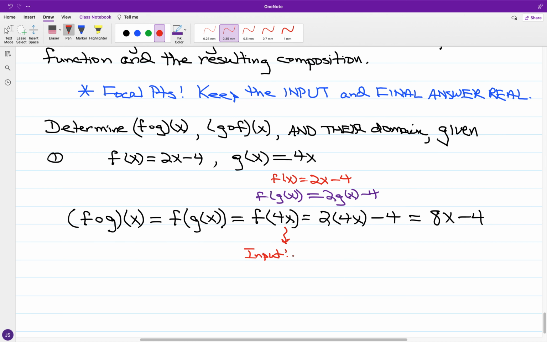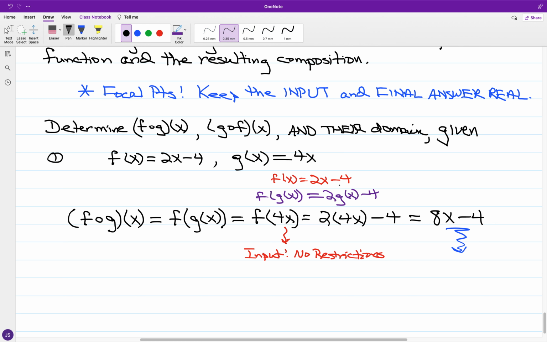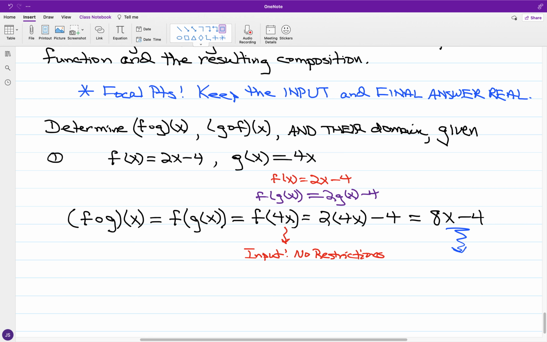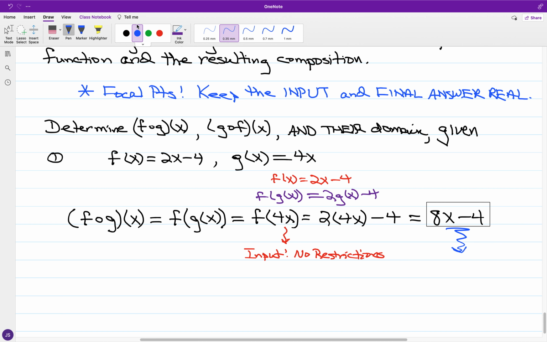No fraction, no even root radical. Input has no restrictions. And in terms of the final answer, the composition itself, (8x minus 4), is a direct expression.